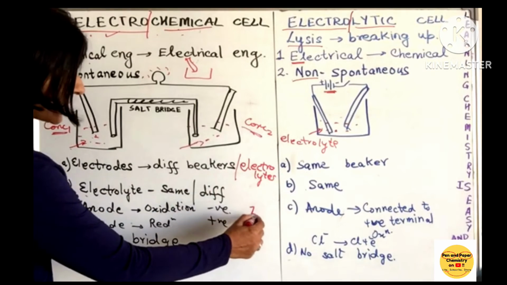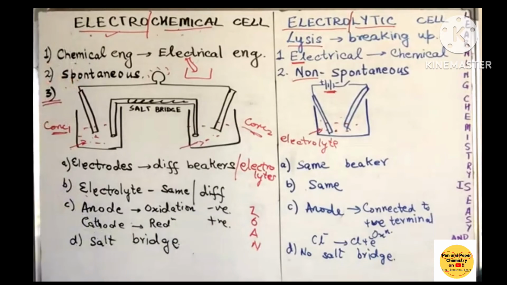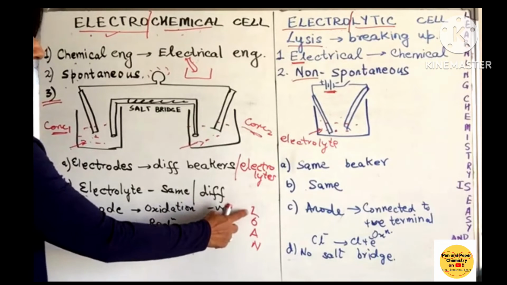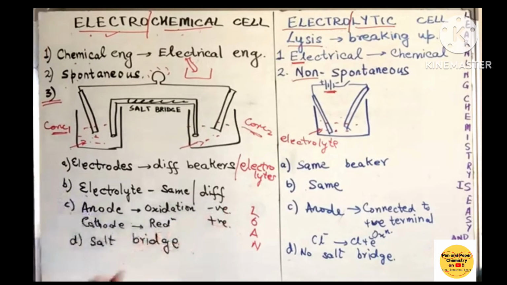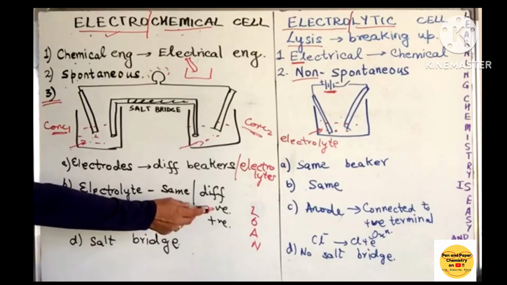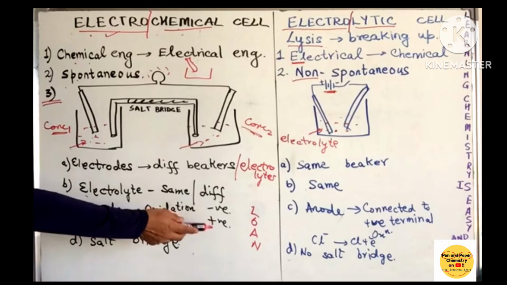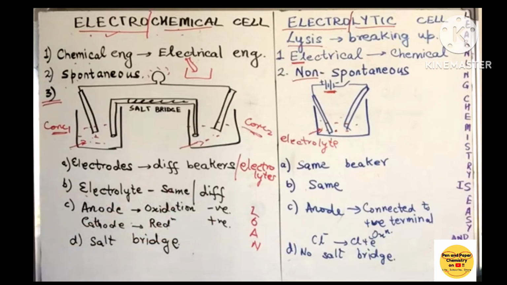Left hand side oxidation anode. I hope you remember this rule, LOAN. Left hand side oxidation anode. So here the anode is the electrode at which oxidation is taking place and is the negative one. Cathode at which reduction takes place and becomes the positive electrode.